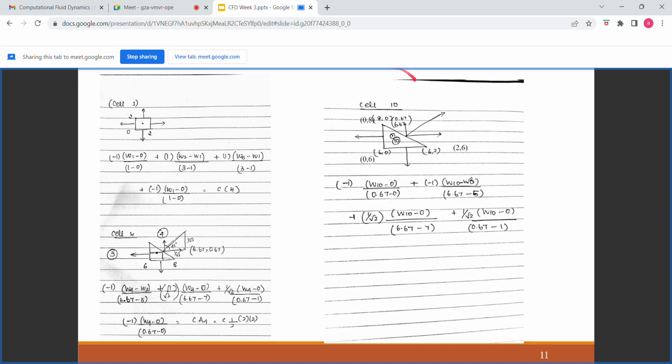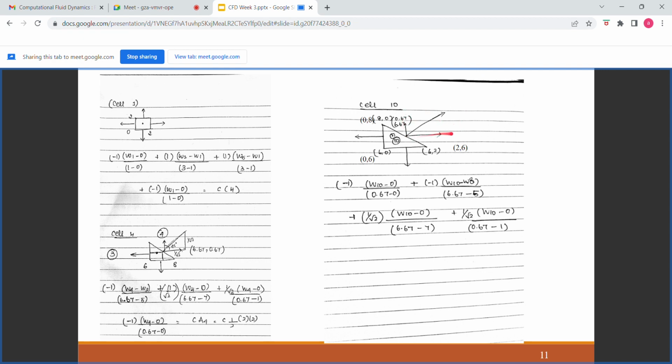In a similar way, we can write for cell 10 also, that is the topmost cell, where we have given these equations. In a similar fashion, we can resolve it for x in this direction and this direction, and we know how to formulate the equation. For the diagonal, we know the direction cosine would be this way, that is the outward normal.